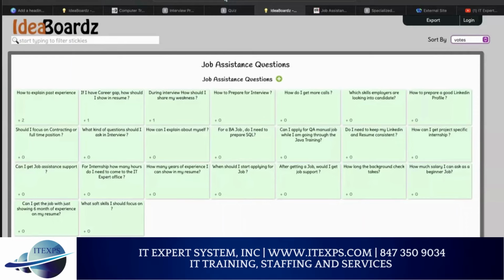When you try to explain your past experience, try to give a very high level view. For example, in the early stage of my career, I was working as an intern in so and so company. I was responsible for this task and I progressively improved my career path and became a business analyst, where I started working in a project team doing so and so.